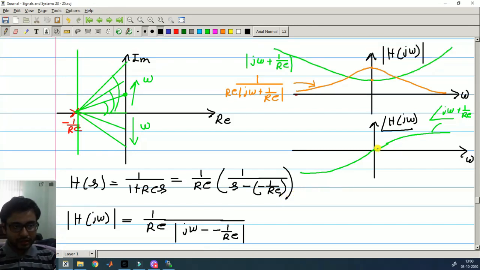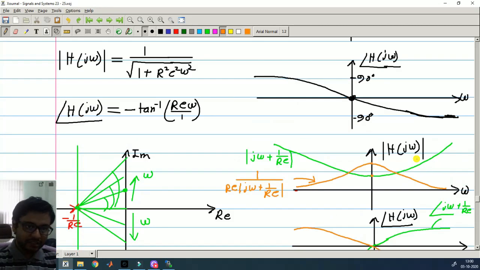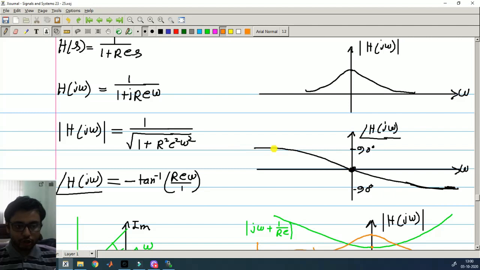So we have to take minus of this, and that will look like this. Okay, so this is the phase response, and you see previously also we got something similar.